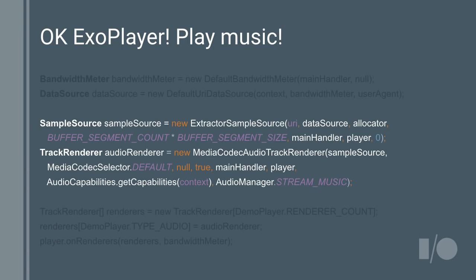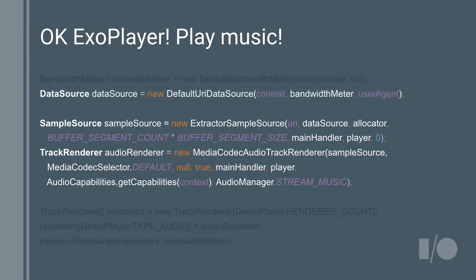That's exactly what we see now in the next line of code. Here we are creating an instance of a sample source. Again, the sample source is only a Java interface. The concrete implementation is an ExtractorSampleSource, which is provided by the ExoPlayer library. Here again, a couple of arguments in the constructor. The second argument is of interest here, the data source.